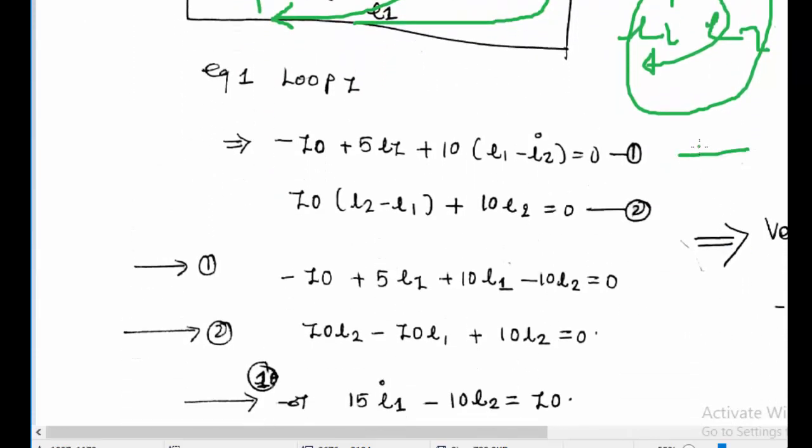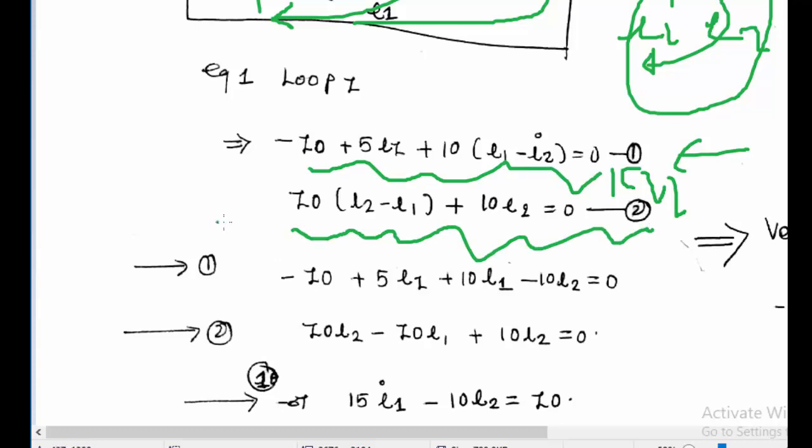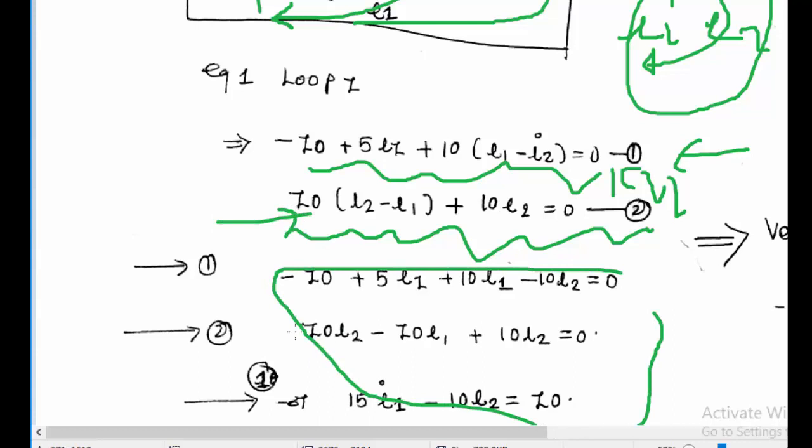Then we got the first equation by applying KVL on the first loop. Again we applied KVL on the second loop and got one more equation, and we solved both the equations.